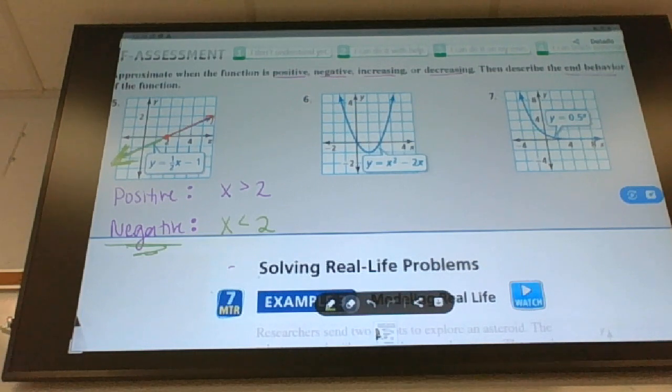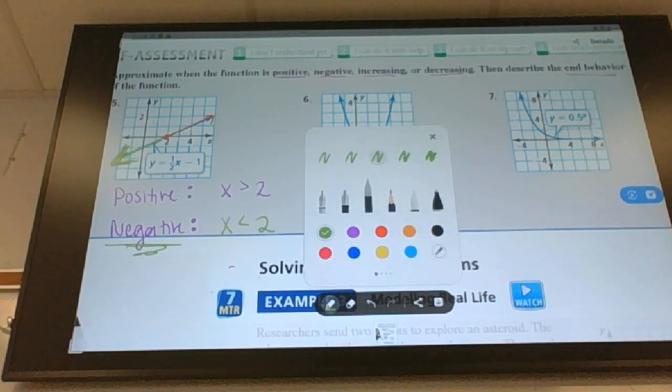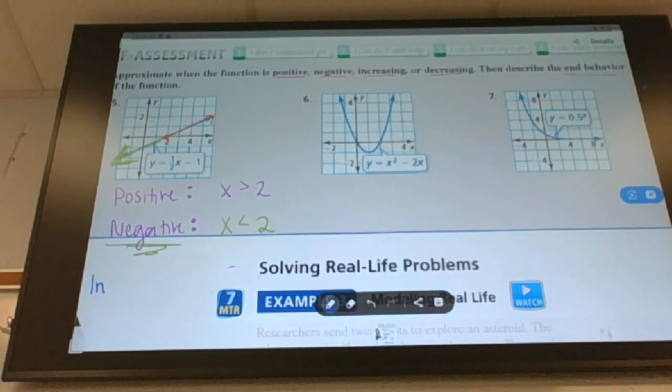Okay, here we go. So now, where is it increasing and how come it's not the same thing? The whole thing's inclusive. Yes, good job. The whole thing is increasing. How do we say whole thing? Let's go with all real numbers. It's increasing the whole time.